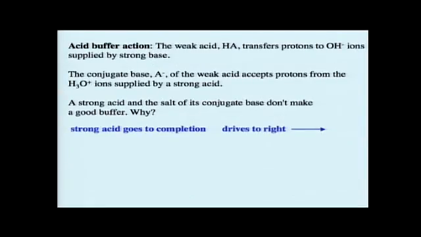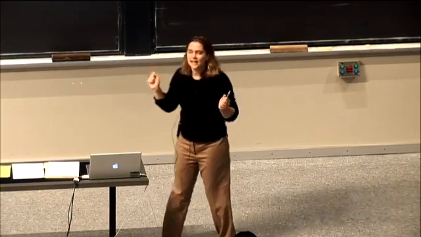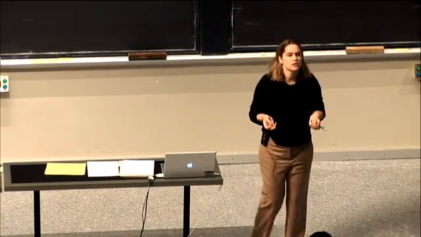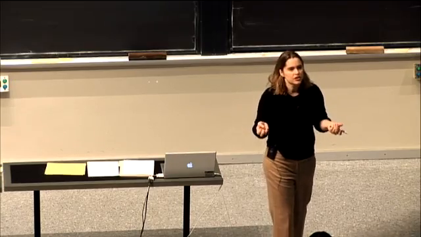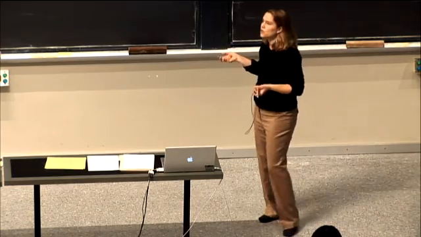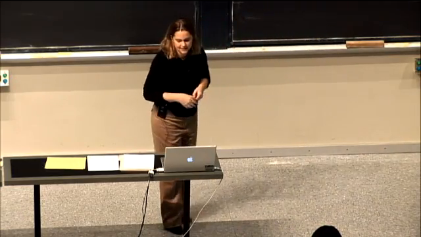So a strong acid goes to completion, it's going to drive it to the right, and for a good buffer, you want to be able to switch things around so that if you add a strong acid, you neutralize that, and if you add a strong base, you neutralize it. So you need the conjugate to be effective as a base. And a strong acid has an ineffective conjugate base. It's not good as a base at all, so that won't work. So buffers are made up of weak acids and their conjugate bases, or weak bases and their conjugate acids. They need to be in the weak range, or there's no buffering capacity.